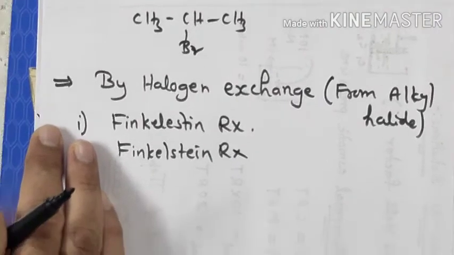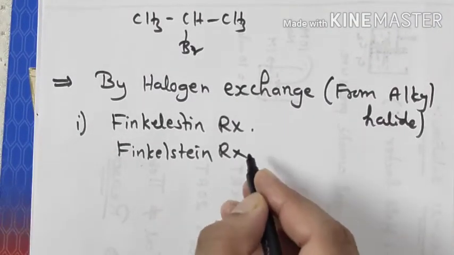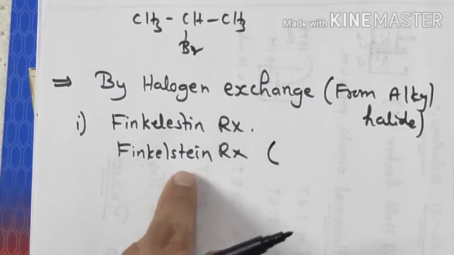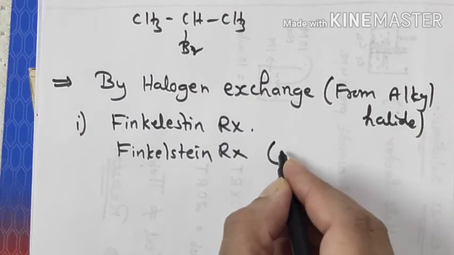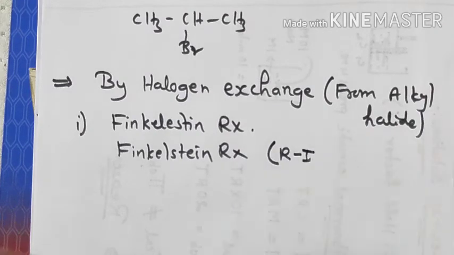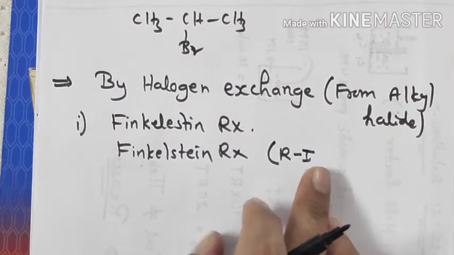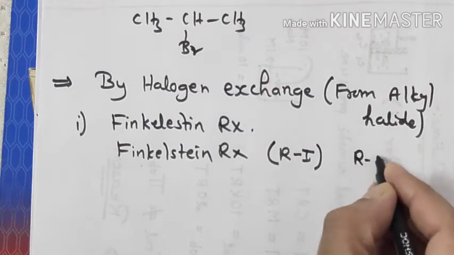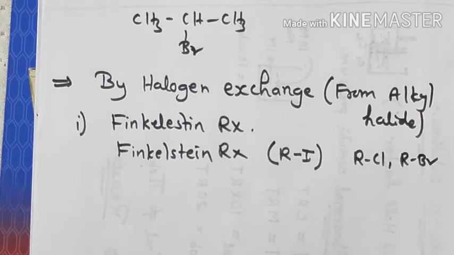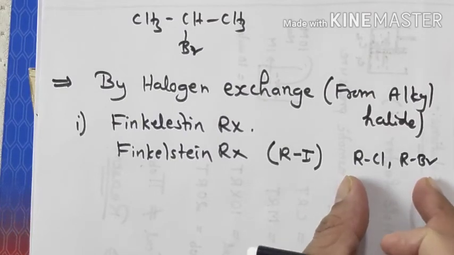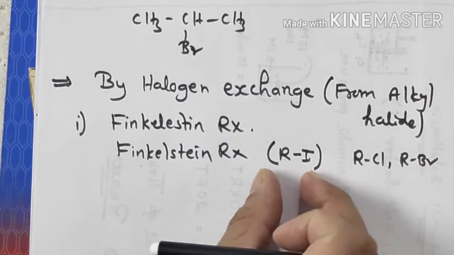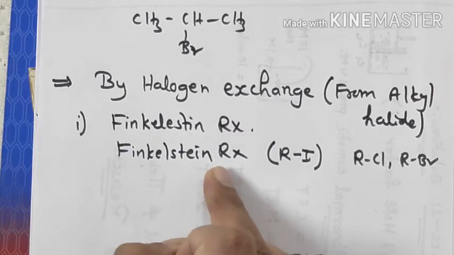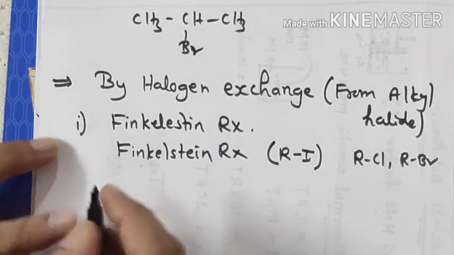Now, what happens in this reaction? In the Finkelstein reaction, we prepare alkyl iodide from any alkyl halide. Normally, the alkyl halide we take is RCl or RBr. So if from this alkyl halide I prepare RI, then it will be called the Finkelstein reaction.